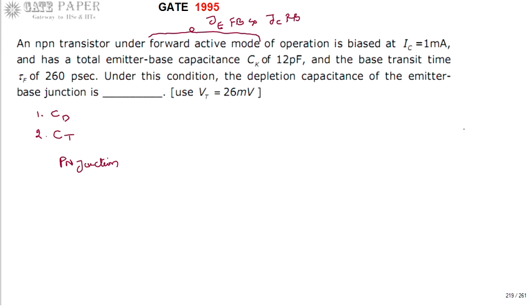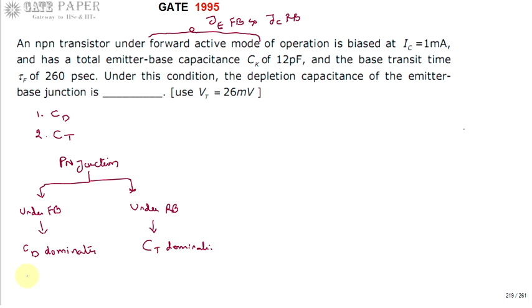In a PN junction under forward bias, both are present, but diffusion capacitance dominates. Under reverse bias, both are present, but transition capacitance dominates.